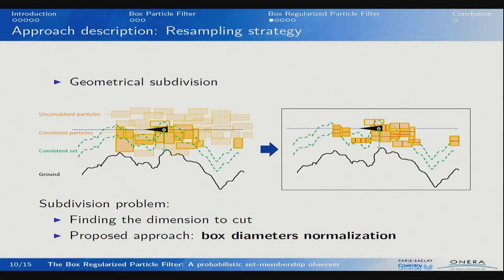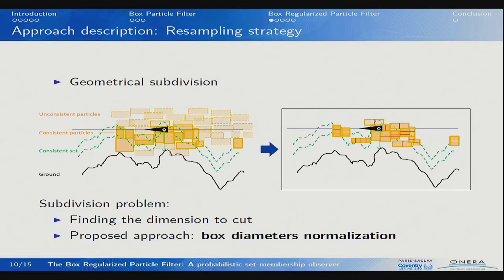So the first step we had is about geometrical subdivision, because in the initial box particle filter in the literature, it is proposed to remove inconsistent particles to replace them with subdivision of consistent particles to increase the resolution of the exploration of the state space.